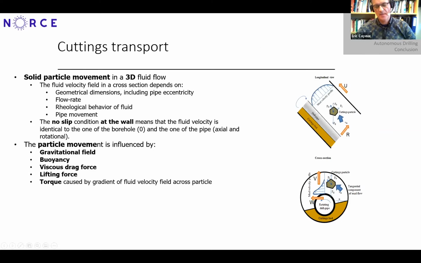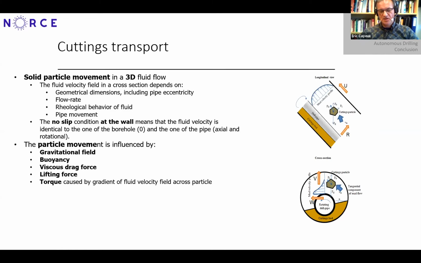It's always aspherical. And the velocity field in the cross-section is quite complex because of the pipe rotation, because of the actual movement of the pipe, and because of the fluid velocity itself, or the flow rate, the bulk velocity that we have there. So basically, this particle movement is really complicated.